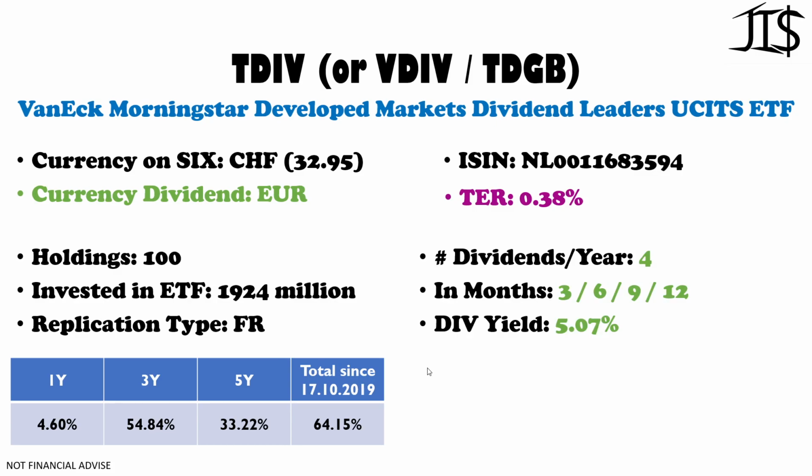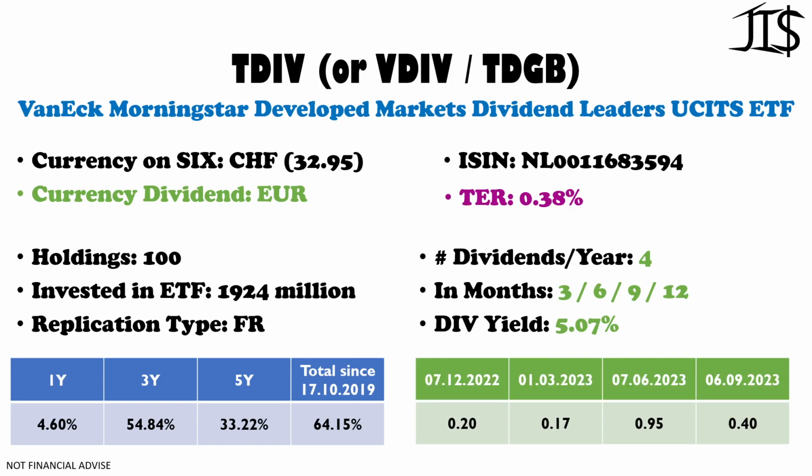And then it also has 4 dividends in a year, the same months as VHYL. It has a high dividend yield of 5.07%, so that's the third highest one of the ETFs that I mentioned in this video. And again, just like with the SDGPX, the distribution isn't that nice.